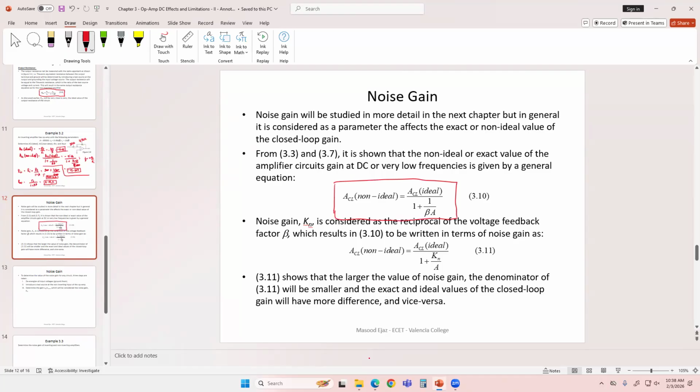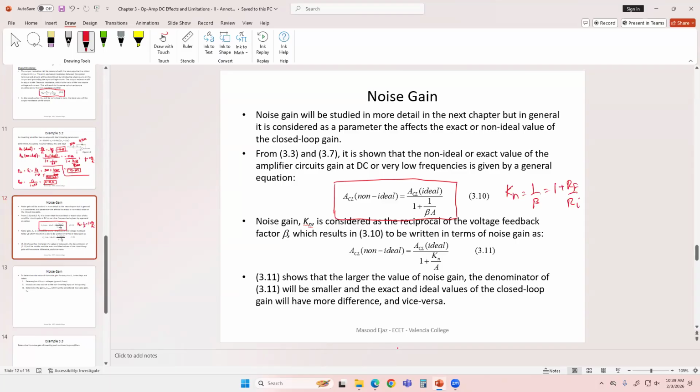And noise gain, which is Kn, is considered the reciprocal of the voltage feedback factor. So Kn is 1 over beta, and we calculated 1 over beta earlier as 1 plus Rf over R input, which is the gain of the non-inverting amplifier.